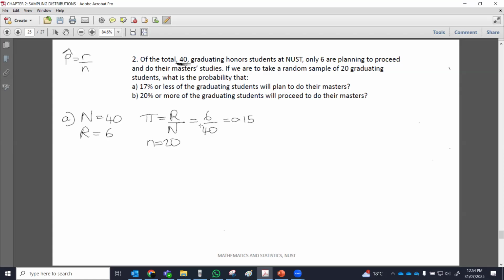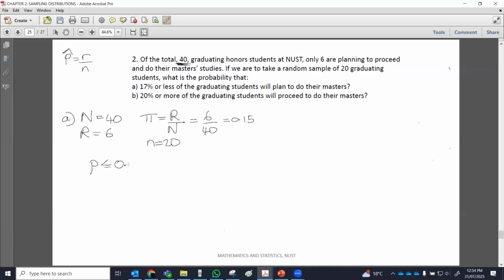Now what we do is we start with the first one, the probability that 17% or less of the graduating students will proceed to do their masters. So it means we're looking for our sample proportion being less than or equal to 17%. Now remember we said we do not write it as a percentage. You must either write it as a fraction or you write it as a decimal.